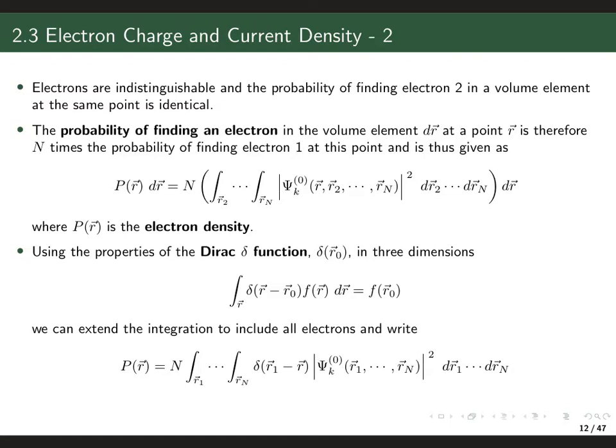So therefore let's try to find another expression, and in order to do that, let's remember what the properties of the Dirac delta function are, where here I have generalized it to 3 dimensions.